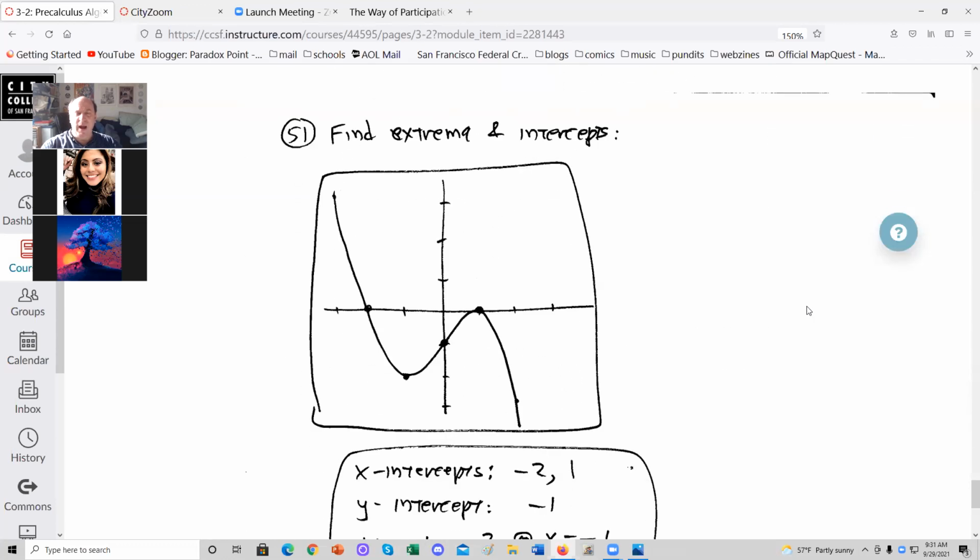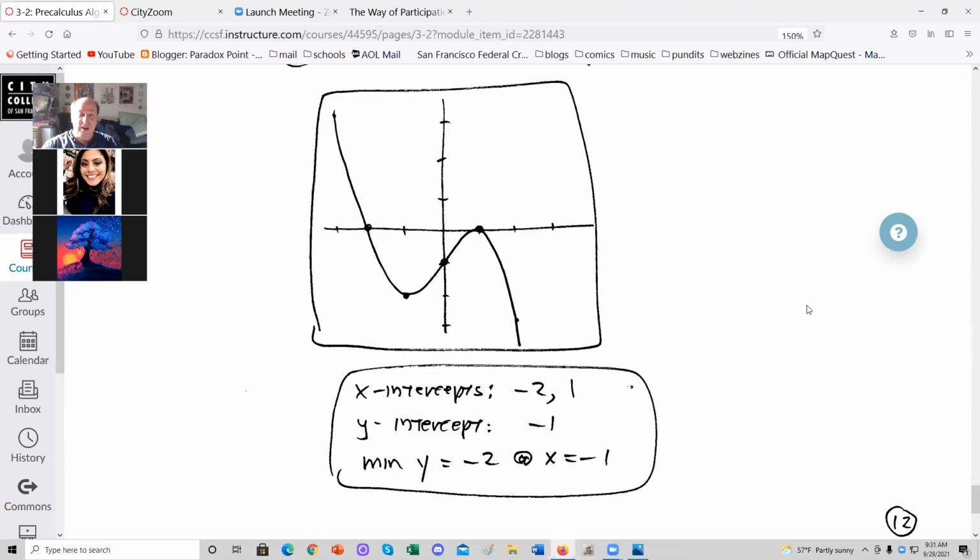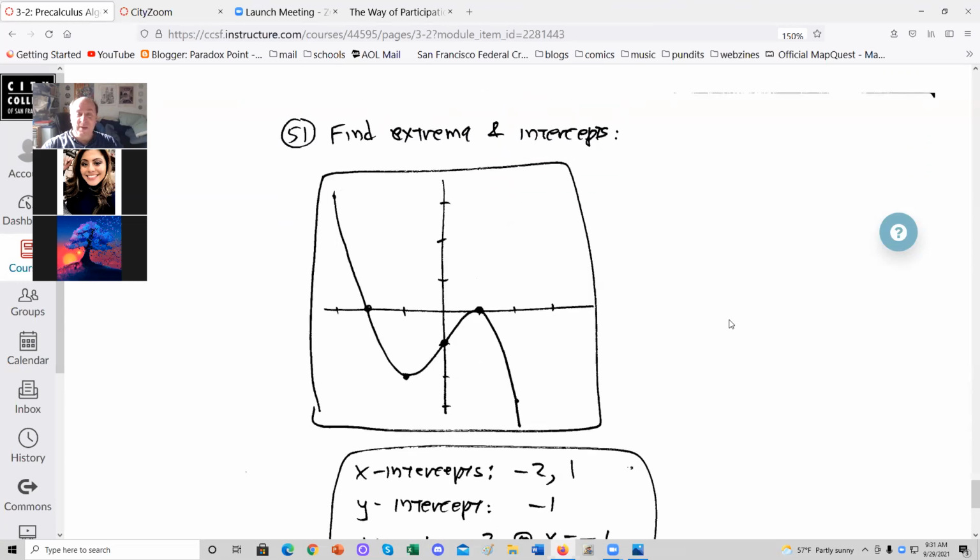Here they just give you a graph. Actually, in the book, they give you an equation and its graph, and then say find its extreme intercepts, which is silly because here's the graph. You can just read it off. The x-intercepts, all right, x equals negative 2 and x equals 1. The y-intercept is at y equals negative 1.